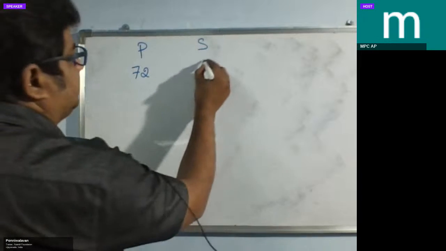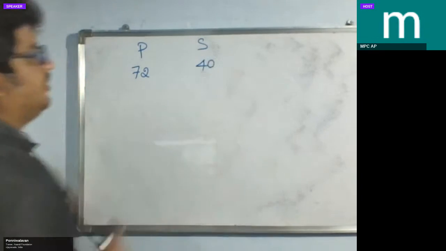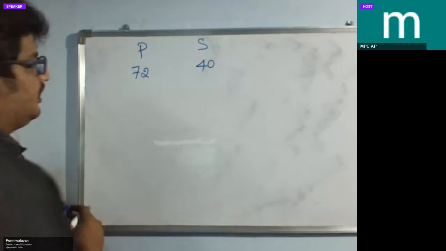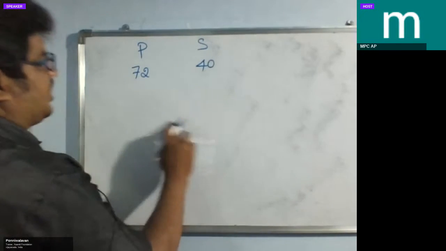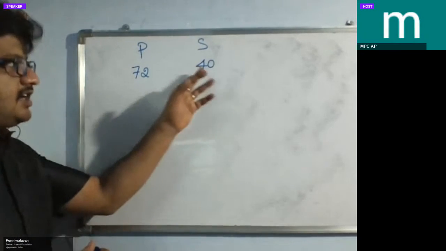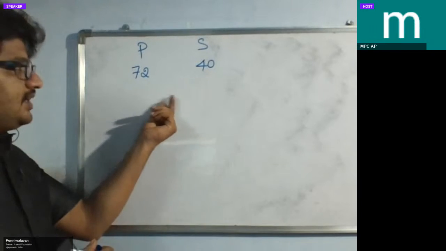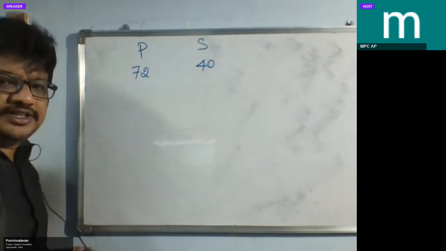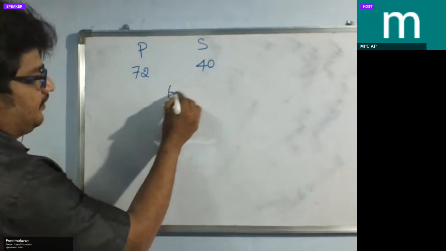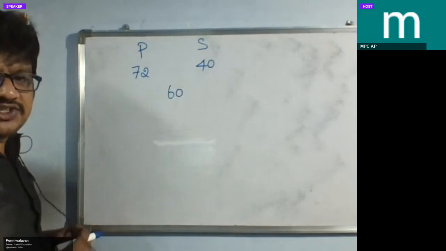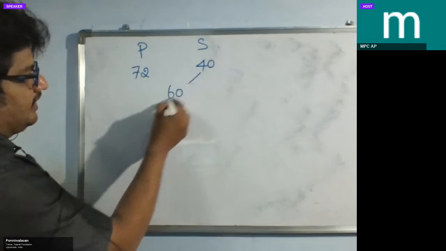What is the cost price of spirit? 40. What is the mixture cost price? 60. Okay, do our regular step.